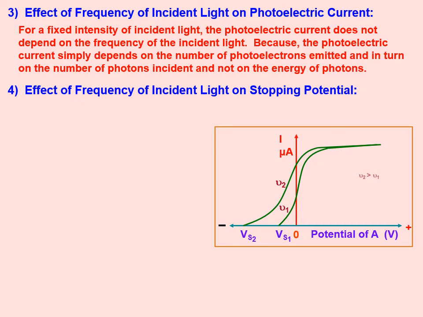So you can see this plot for two different frequencies, nu1 and nu2, and frequency nu2 is greater than nu1. So from this plot it is clear that for both the frequencies saturation current is same, but stopping potential is different. For smaller frequency stopping potential is less, for higher frequency stopping potential is higher.